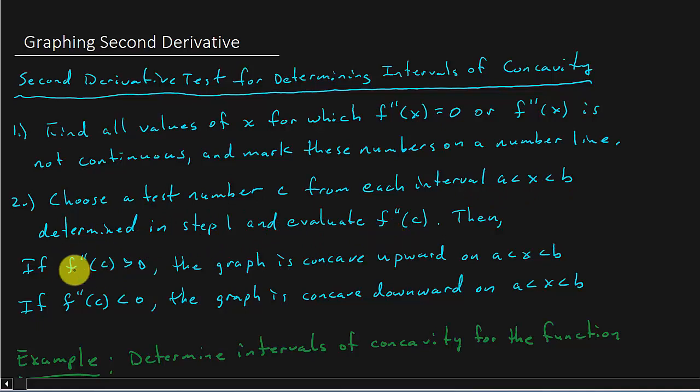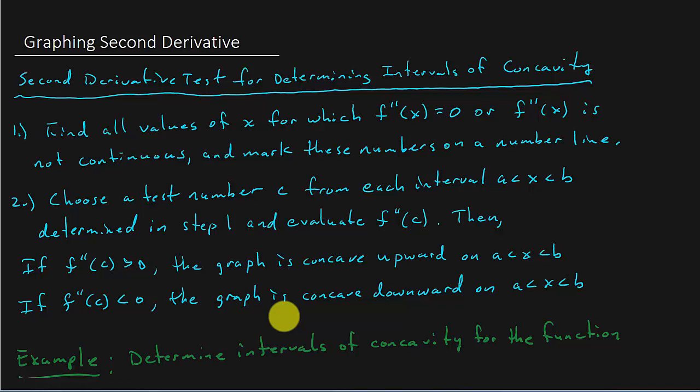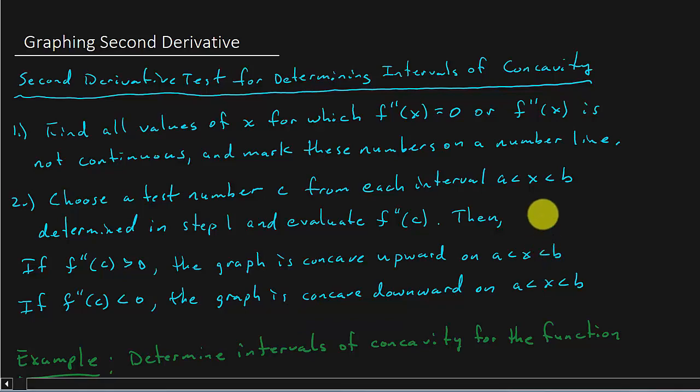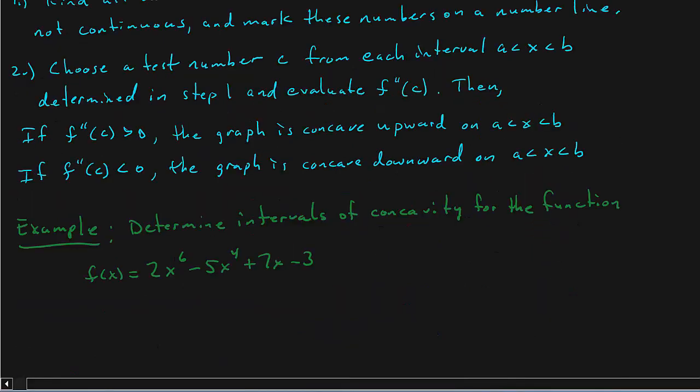If f double prime of c is positive, the graph is concave upward on the interval, and if it is negative, the graph is concave downward. This is done like when you were determining where the function was increasing and decreasing. We're just doing it with the second derivative, and that gives us the concavity of a function.